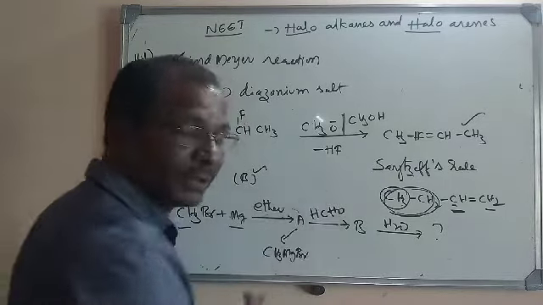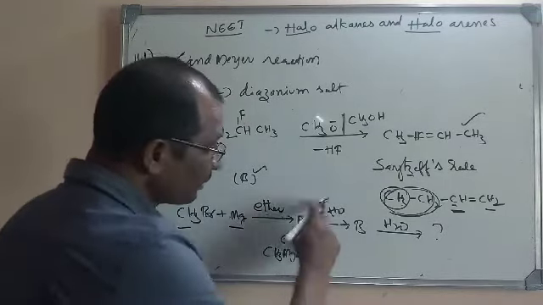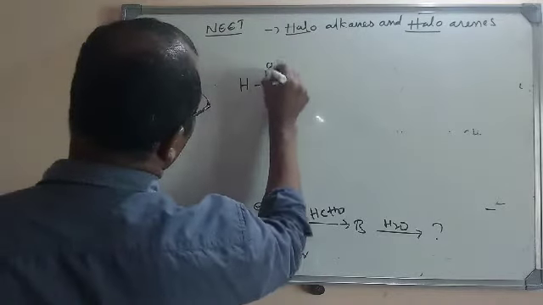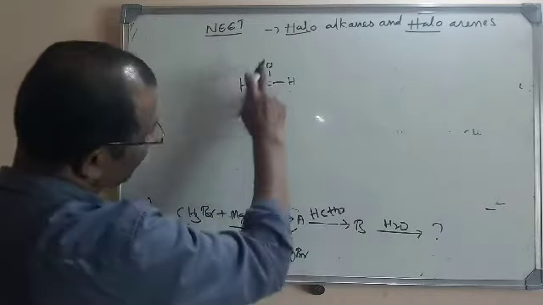And here it is formaldehyde. Formaldehyde is nothing but a carbonyl compound, and carbonyl compounds can undergo addition reaction with Grignard reagent. For example, in the second step, formaldehyde has a carbonyl group, that is H2C double bond O. So here an addition reaction takes place.